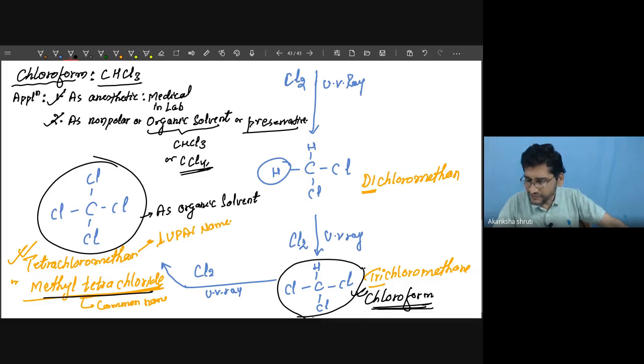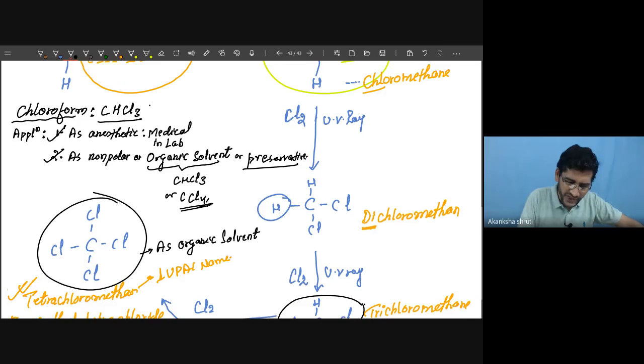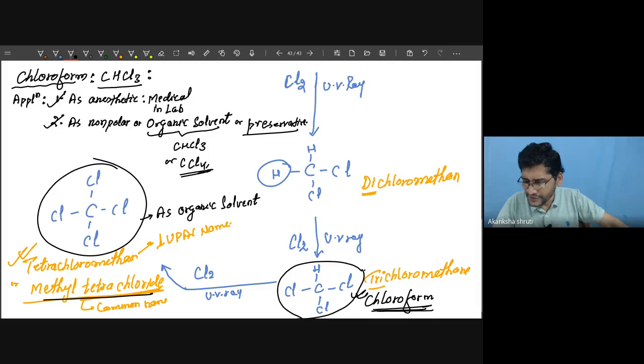Once it was also asked, what is the IUPAC name of carbon tetrachloride? The options given were methyl trichloride or trichloromethane. You have to mark the correct option considering the IUPAC, where chloro is used as a prefix.